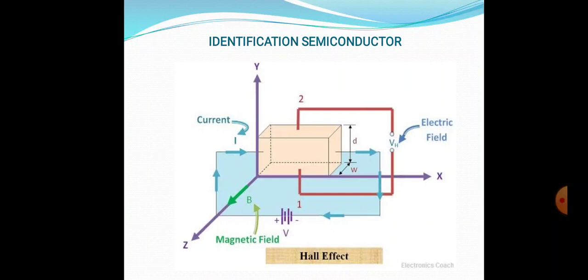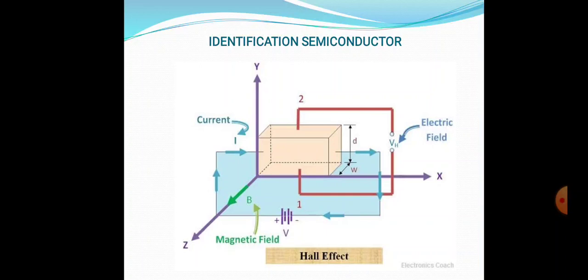If you do it, electrons will migrate from the top layer to the lower layer, so the bottom layer will have negative charges and the top layer will have positive charges. As the charges are separated, a voltage will be developed. This is called the Hall voltage. That effect is called the Hall effect.